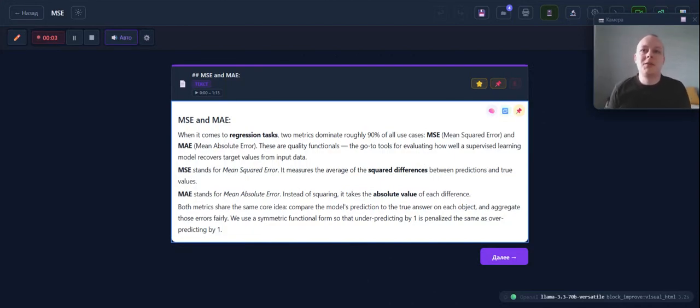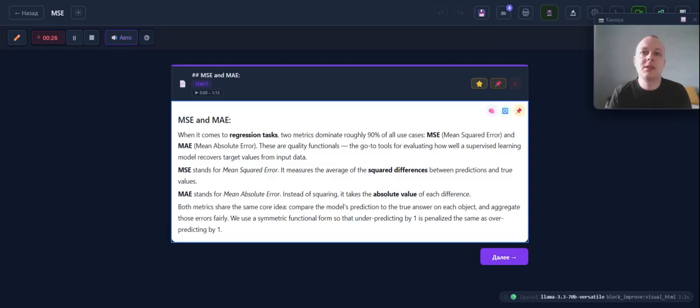Hey everyone, and today we talk about MSE and MAE. When we talk about regression tasks, these two metrics roughly dominate. MSE is our squared deviation, and MAE is absolute deviation.